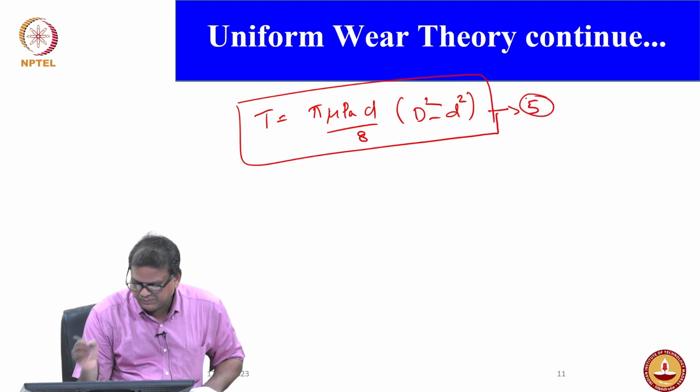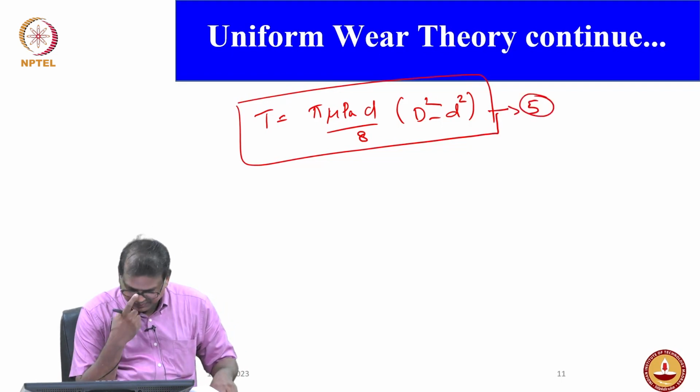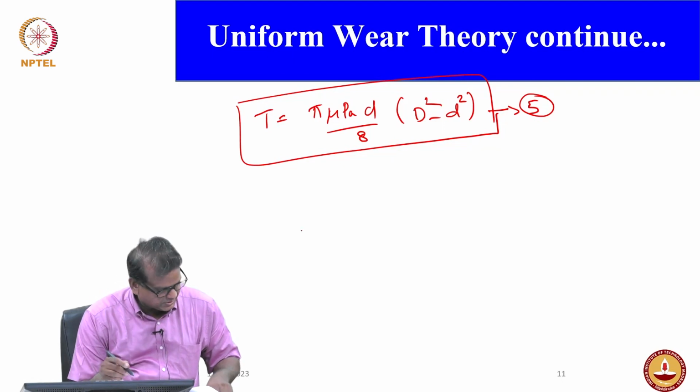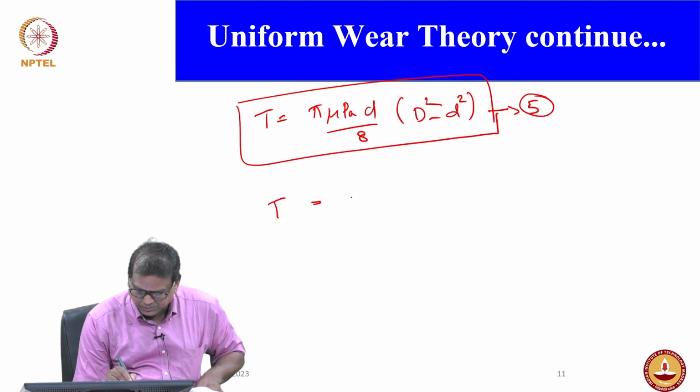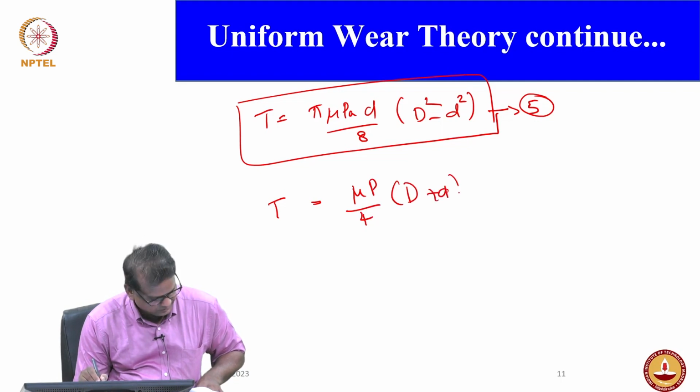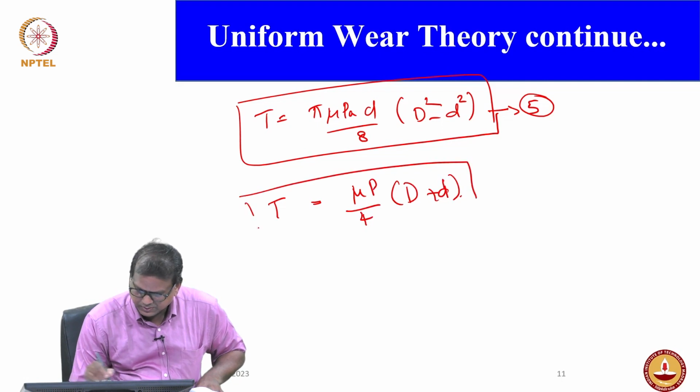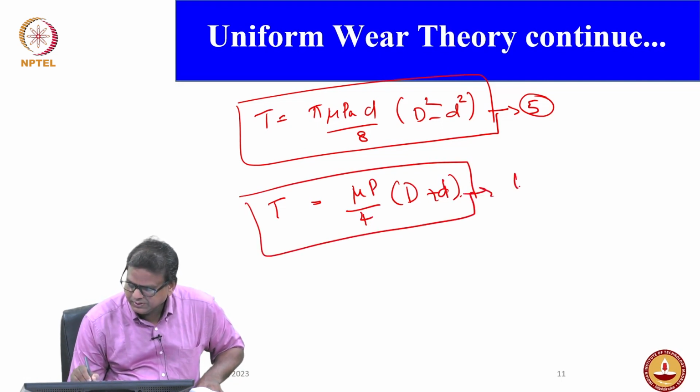So already we know equation number 4. From there, if you take it and substitute for the p_a aspect, you would expect the equation torque equals mu P by 4 times D plus d. So this is the equation to expect, equation number 6.